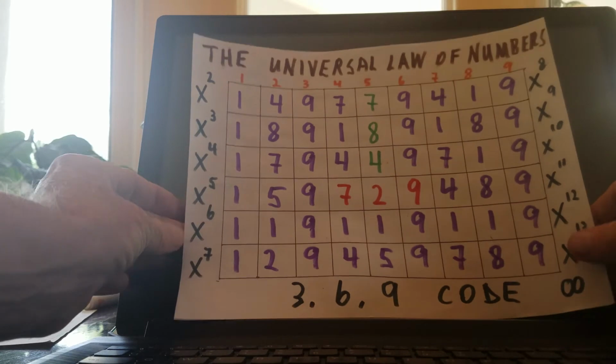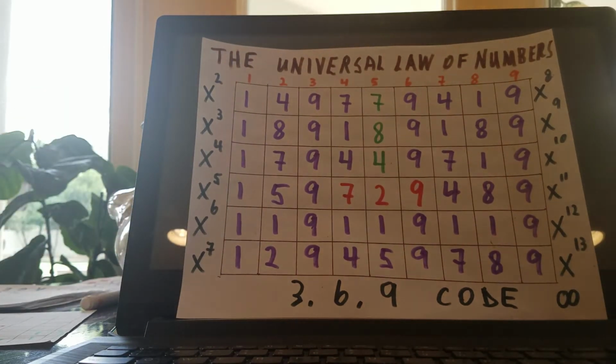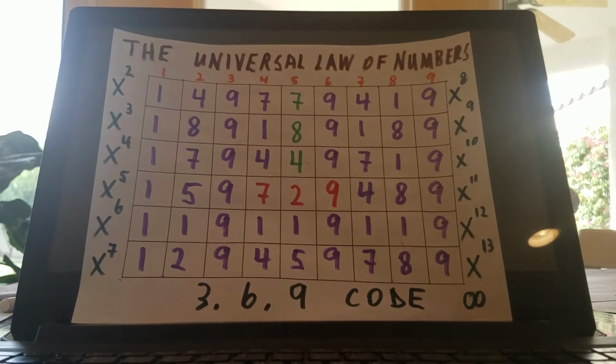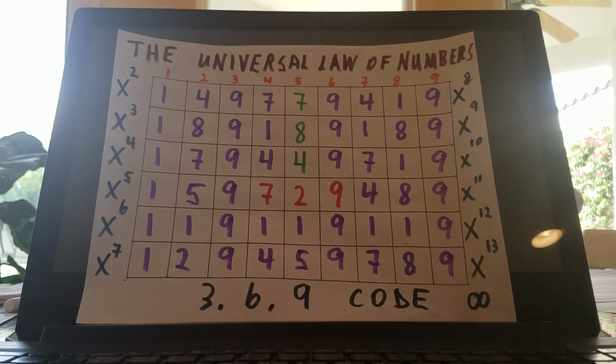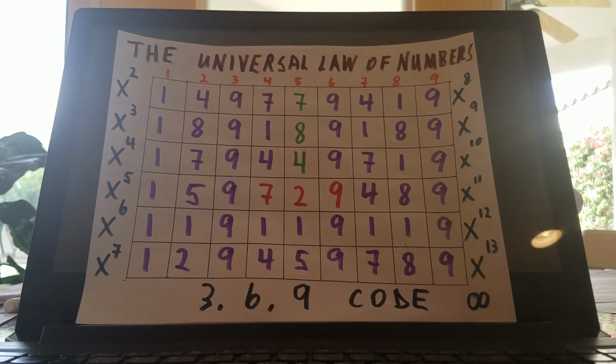And I'm going to continue with my 369 code and try and straighten this up so you can see it better. Basically, what I'm trying to explain in part is that the way we learn mathematics, the way it's presented in school, is all well and good.